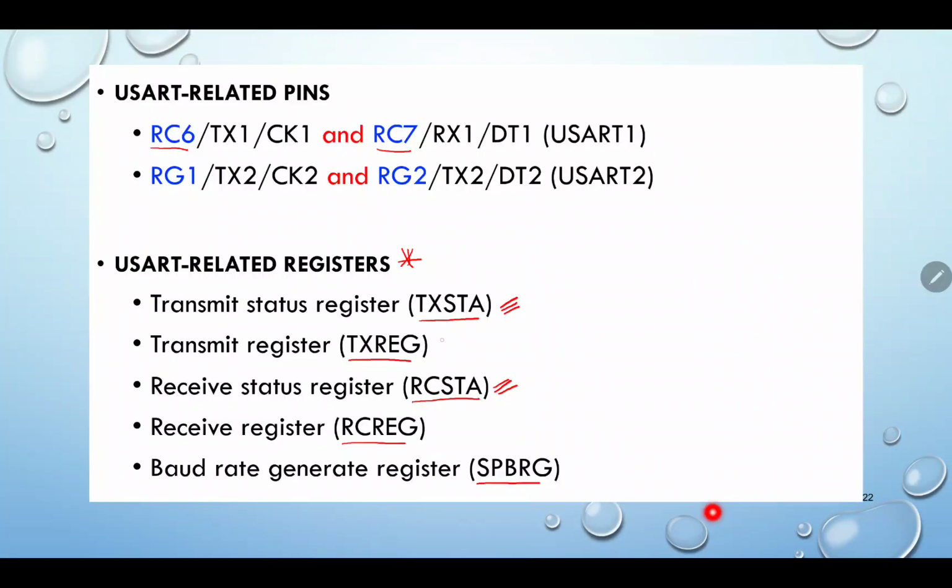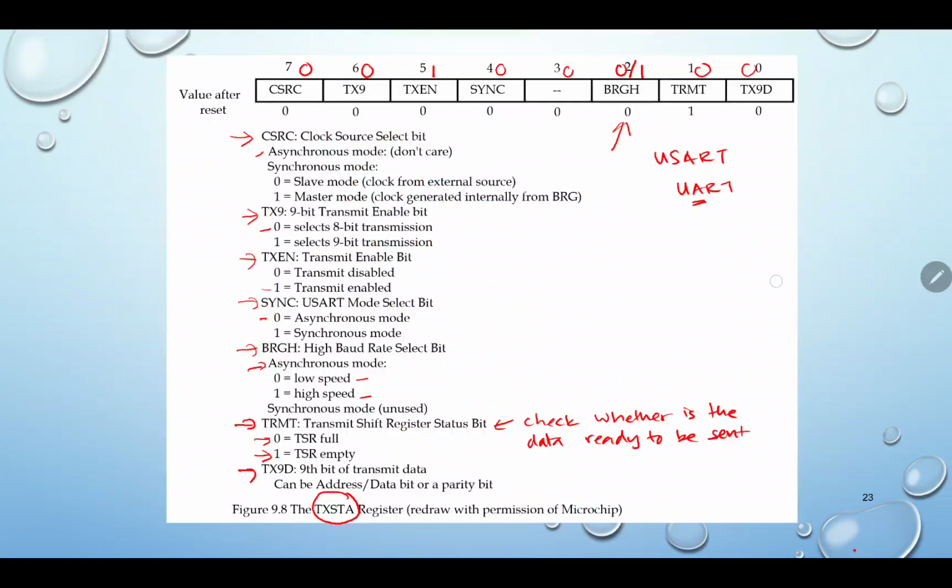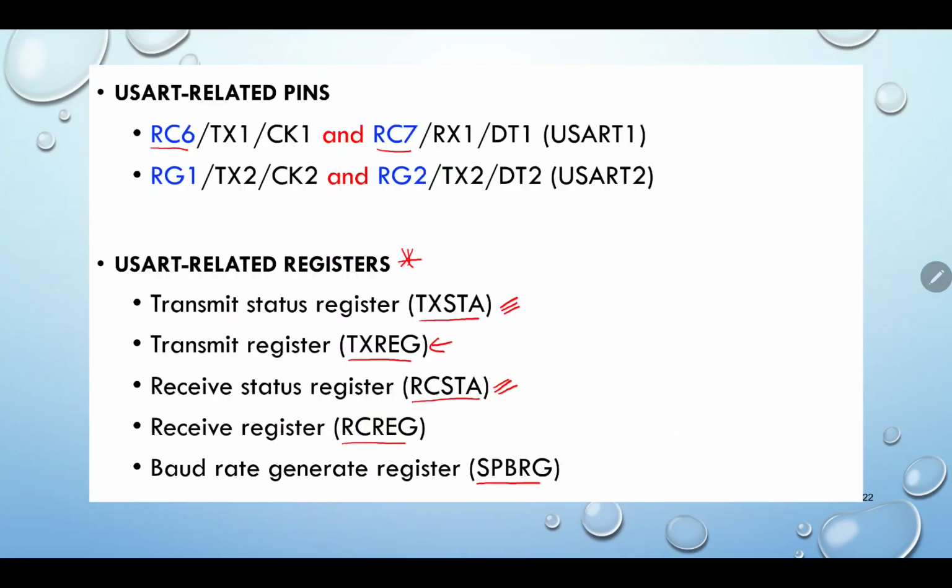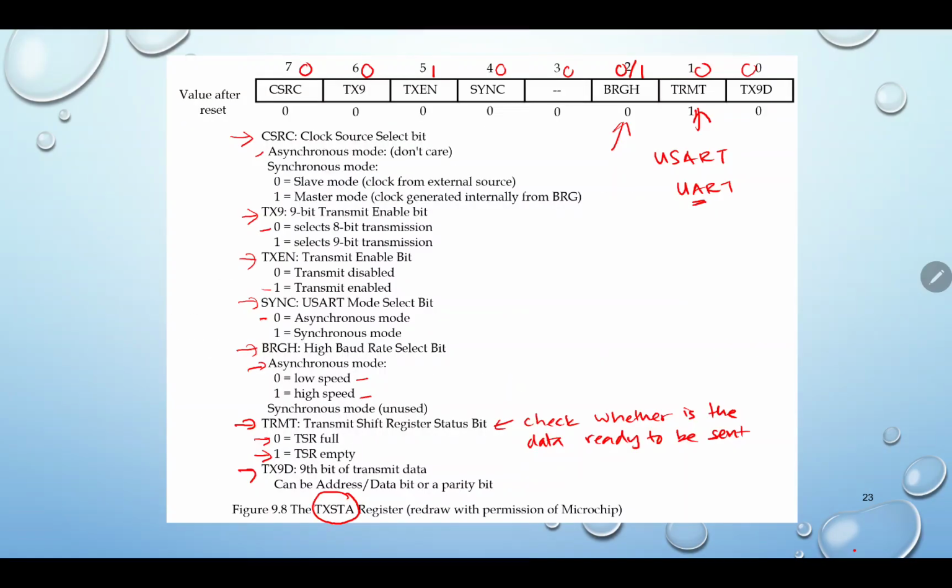You have this transmit register, and inside it is where the data will be loaded. When the transmit register data is fully loaded, then you can see that this bit will become 1. When it becomes 0, it indicates it's ready to be shifted.